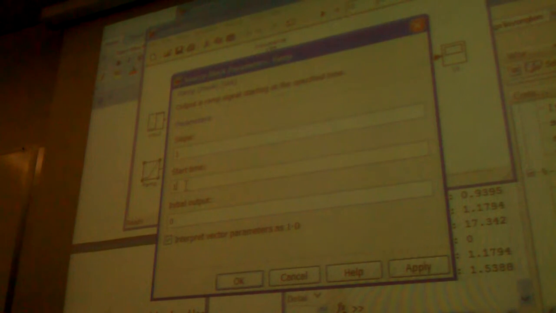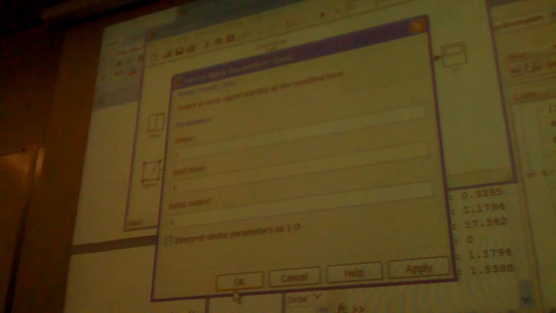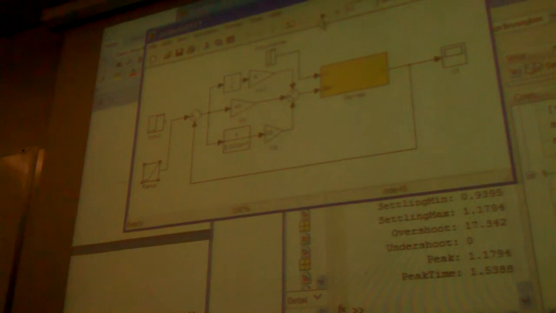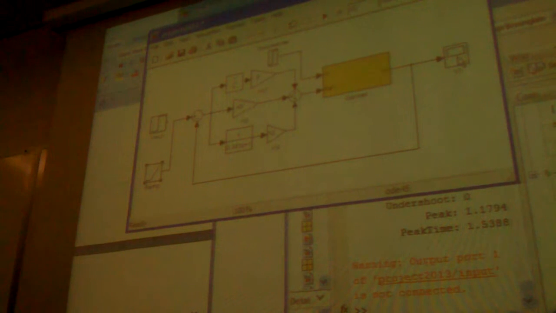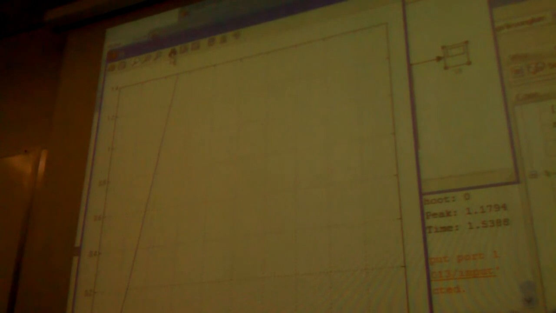Let's start the time at 1, so slope of 1. Every 1 second it will go up. So you go here, and your output will be like this.